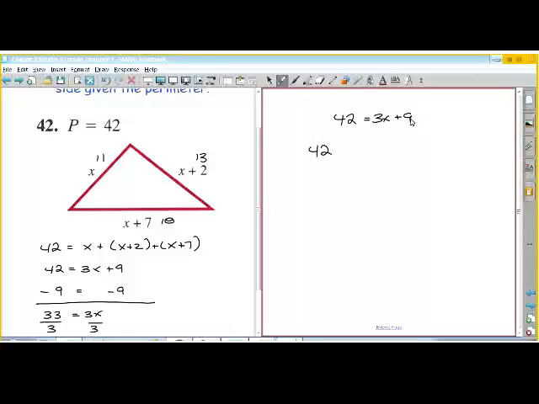So if I move the 9 from this side to the other side, it becomes negative. So this goes over there, and as a consequence, it becomes negative. And then 42 minus 9 is 33, and then I do it the same way.